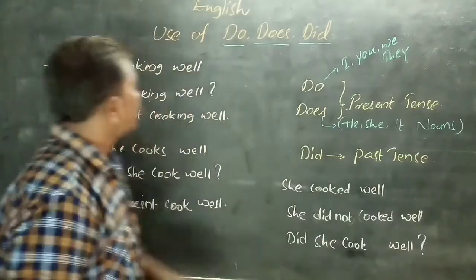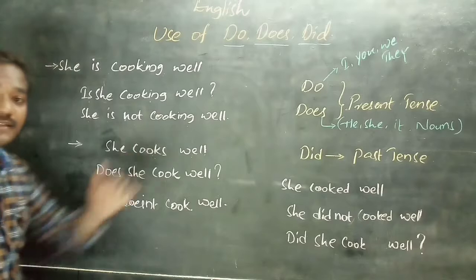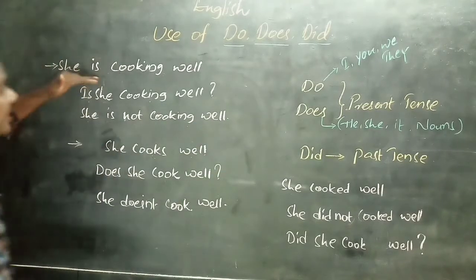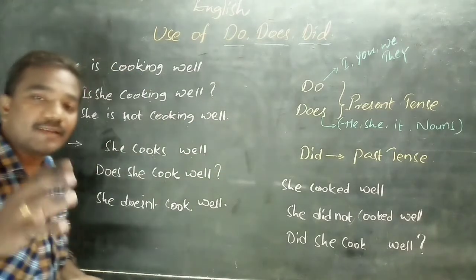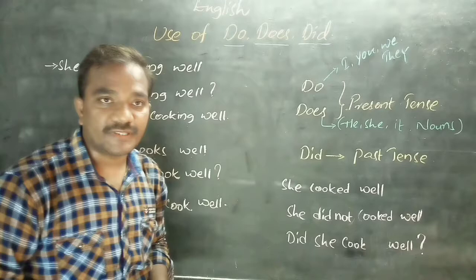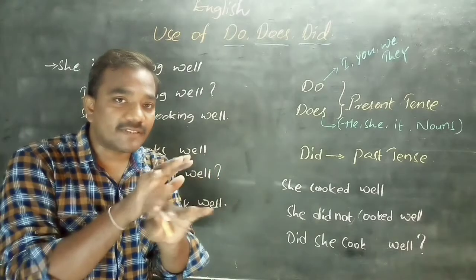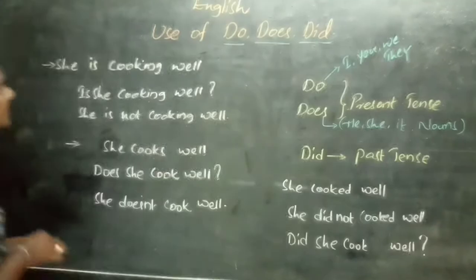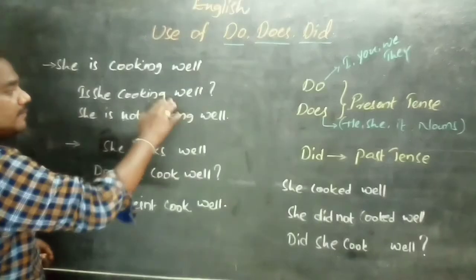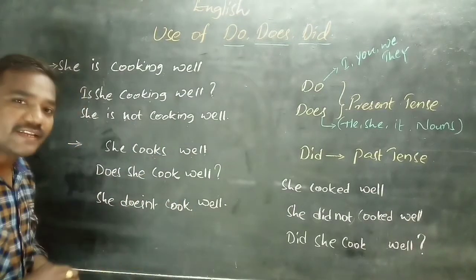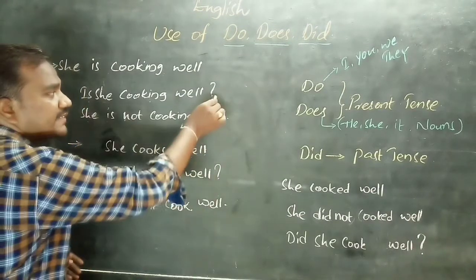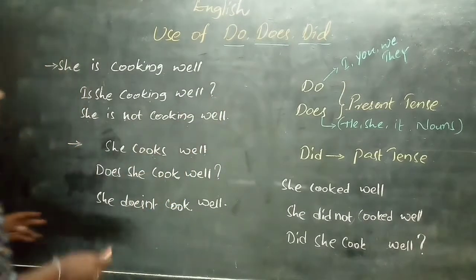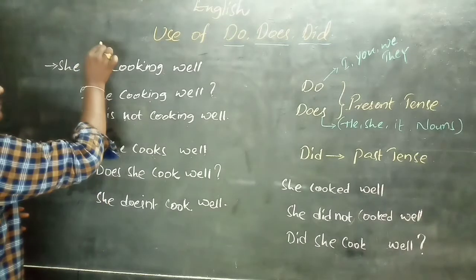Okay, so for this I have selected a sentence. She is cooking well. She is cooking is related to present continuous. ఇది simple sentence కి సంబంధించింది కాదు friends. Okay, that's why she is cooking well can be converted into interrogative very easily. Very easyగా interrogative sentence లో నేను convert చేయగలుగుతాను. ఏంటంటే is helping word here.